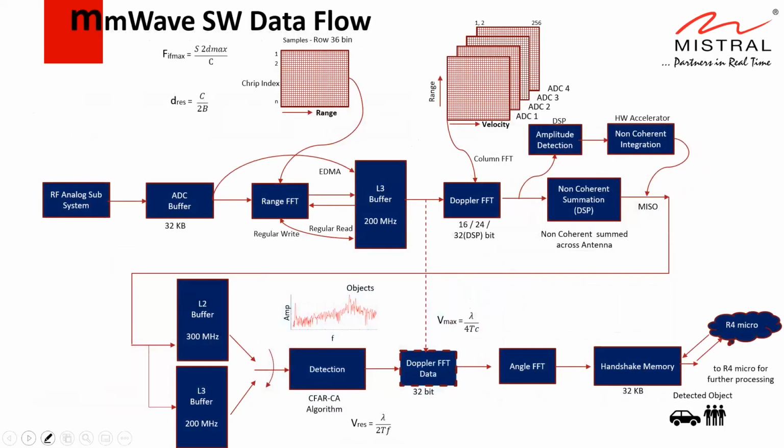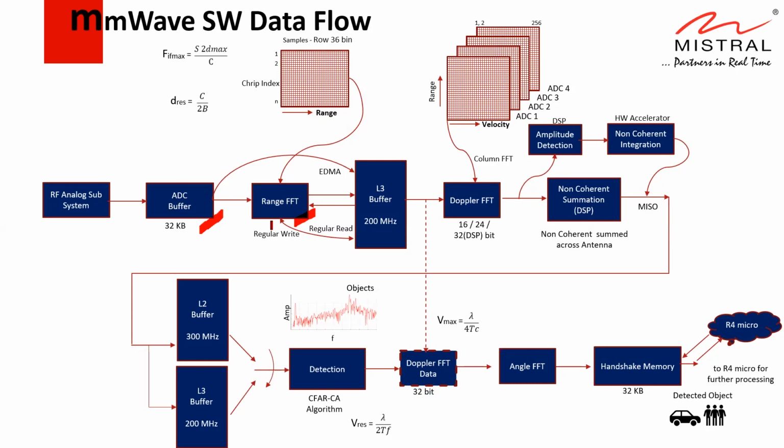This is a diagram which shows the different types of buffers and the data flow. You get the ADC data and do the range FFT, and for each chirp you get range data. It is grouped in bins.